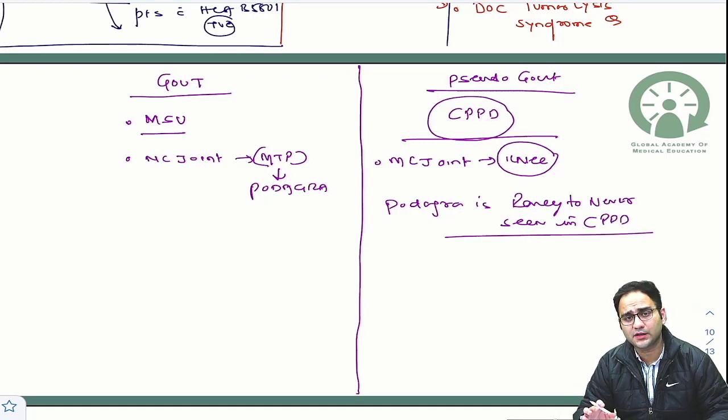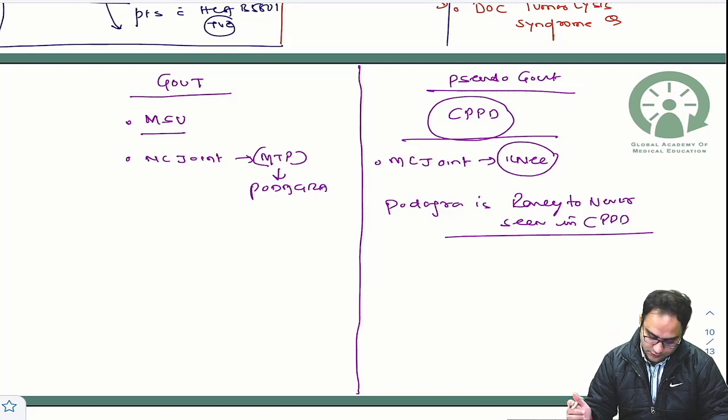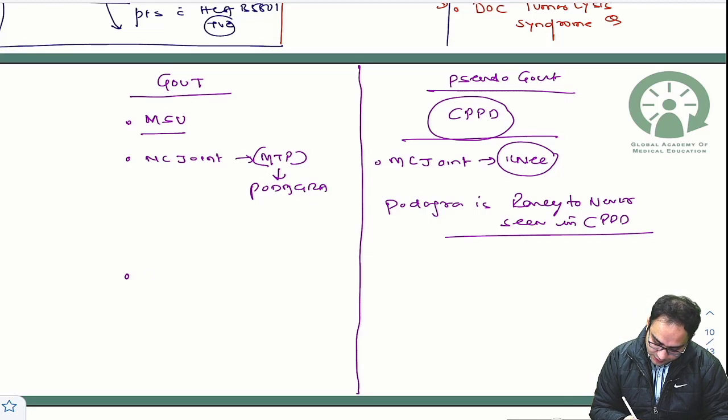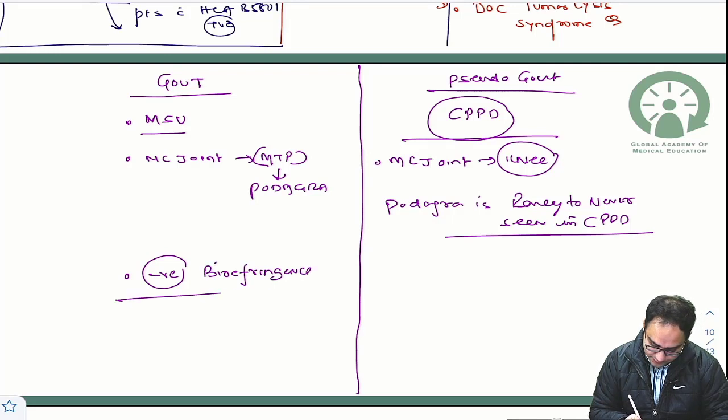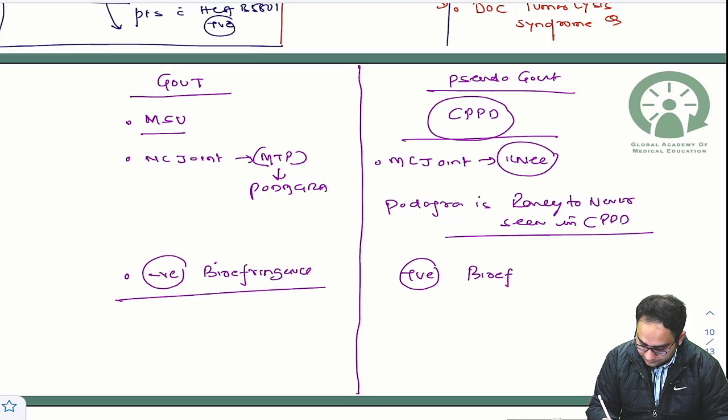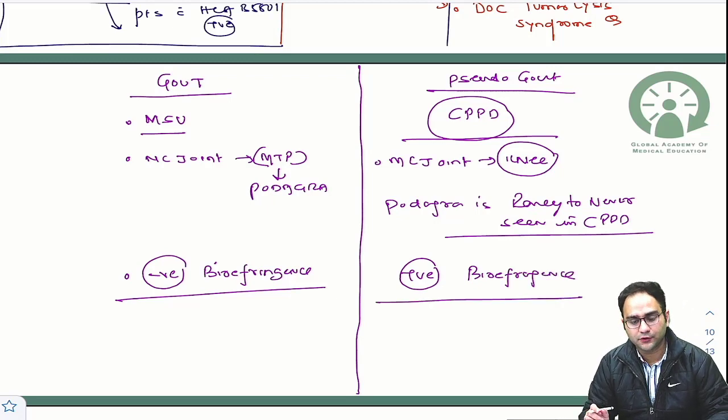So podagra is not seen in calcium pyrophosphate disease, but it is a characteristic of gout. Okay, gout gives rise to negative birefringence, and in pseudo gout you see positive birefringence. Okay, so these are the three important differences between gout and pseudo gout.